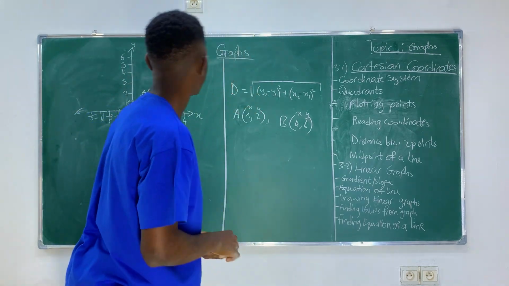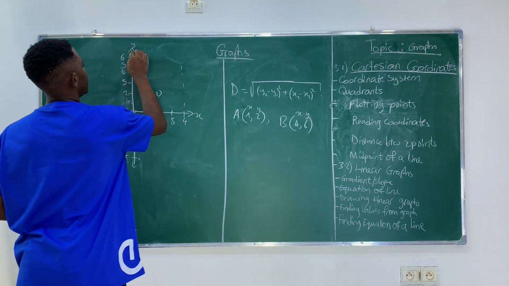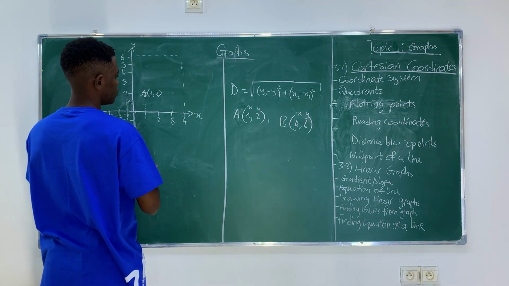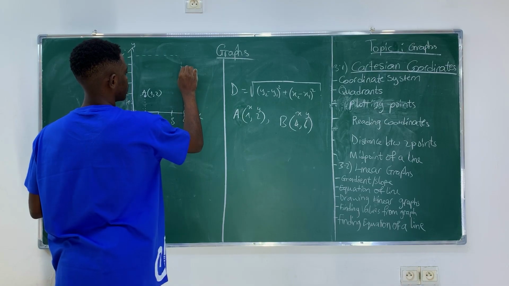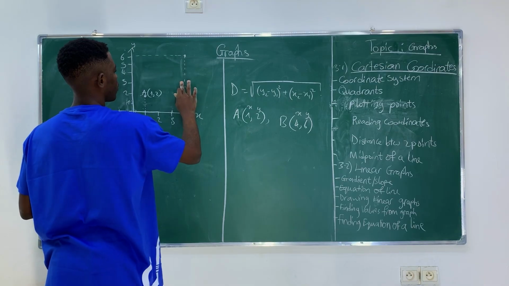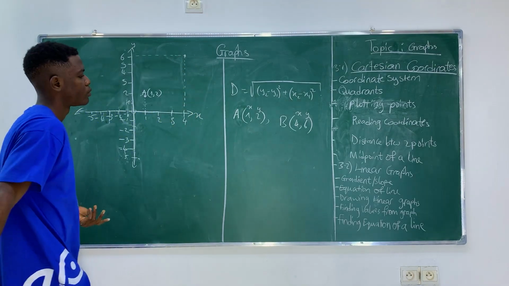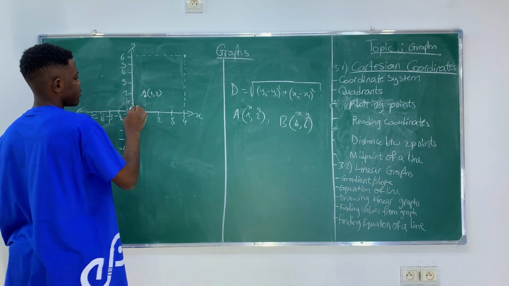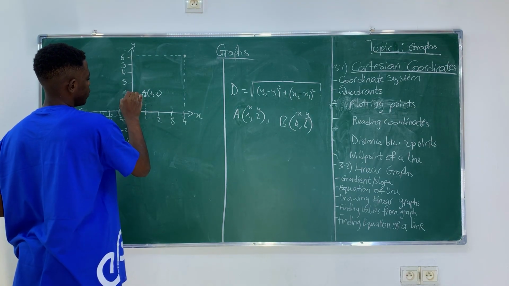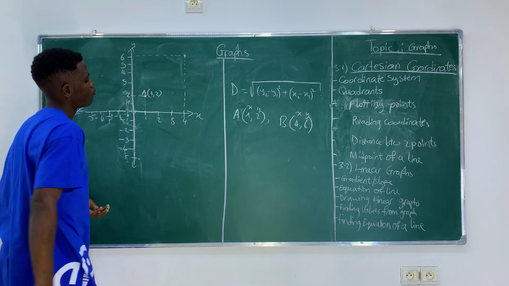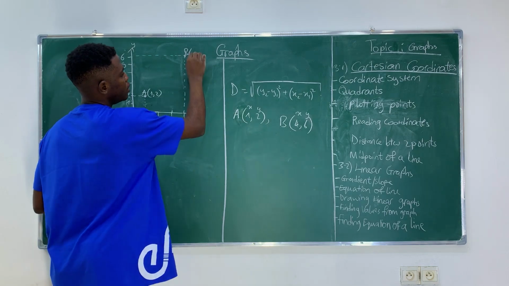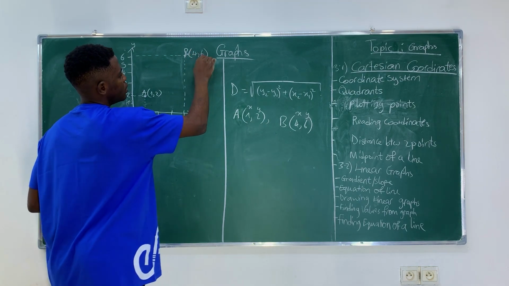Y is going to be 6 at this point. So your point B, 4, 6.